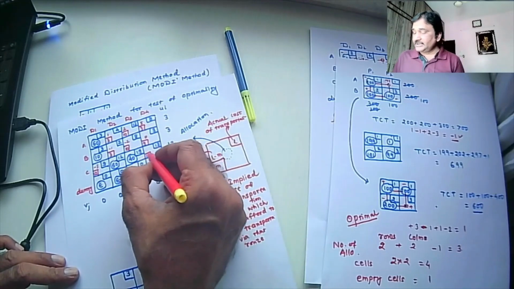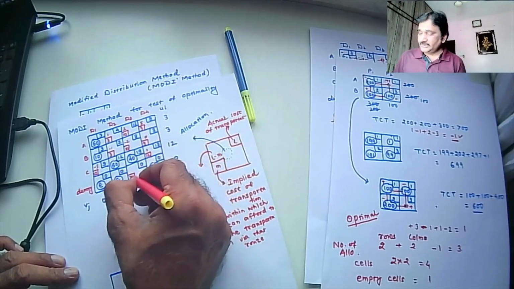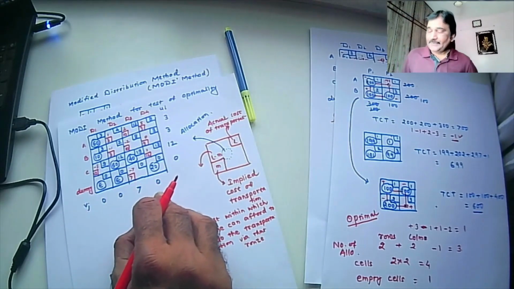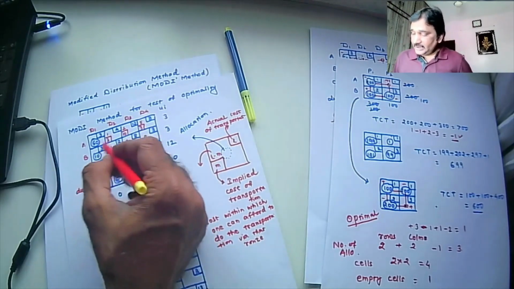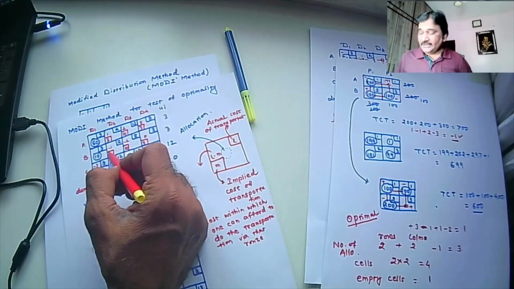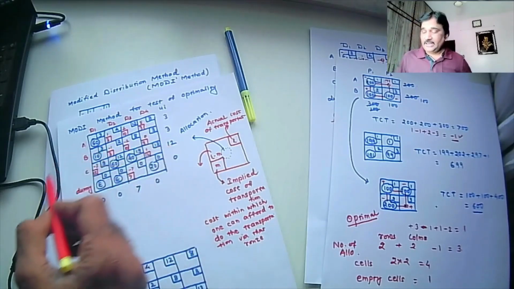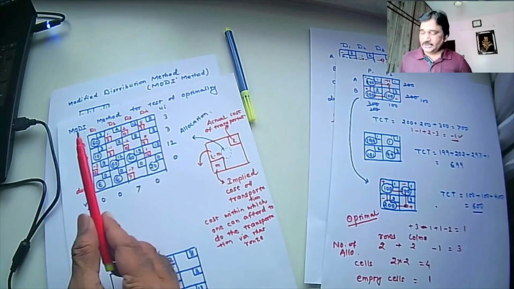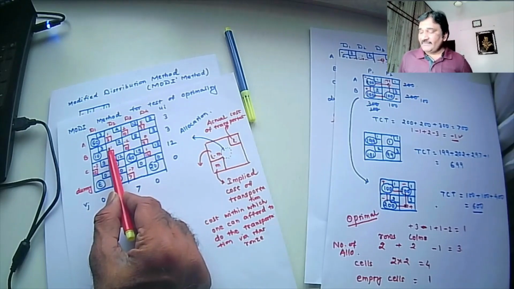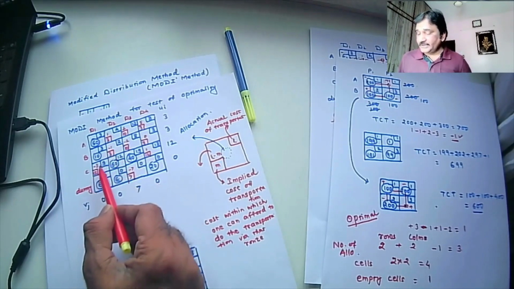Then 13 minus 12 is 1, 0 minus 7 is minus 7. So what we are finding here is the cells where the cost will reduce if you use that route for transportation. For example, B to D2, there will be a saving of 1 rupee per unit transported.